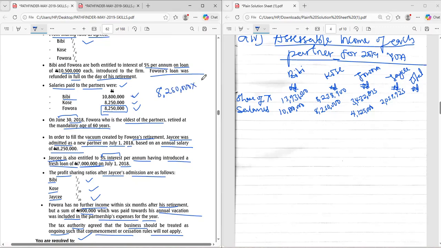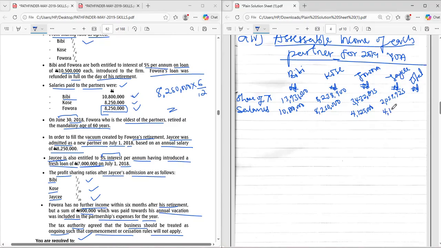JC was introduced in July, so 6 divided by 12. That will give us JC salary. 4,125,000. So is there any other? I use full for BC and Kosho. They stayed from the beginning to the end.